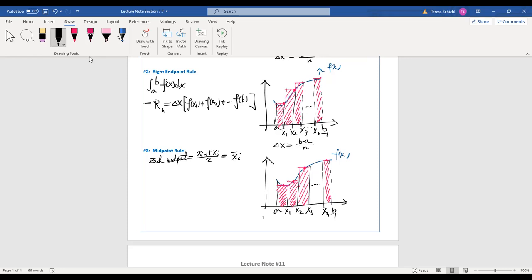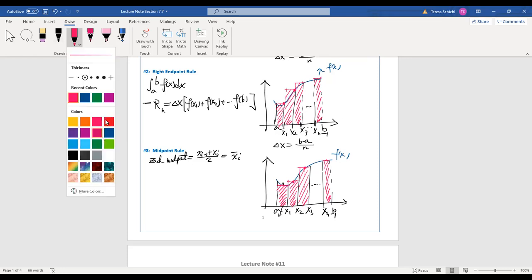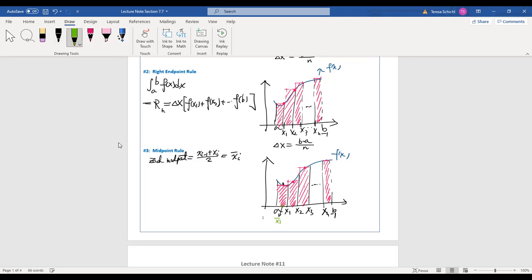So this will be x1 plus a divided by 2, x2 plus x1 divided by 2, x3 plus x2 divided by 2. This is x bar 1, here this will be x bar 2, this will be x bar 3, and this will be x bar n.